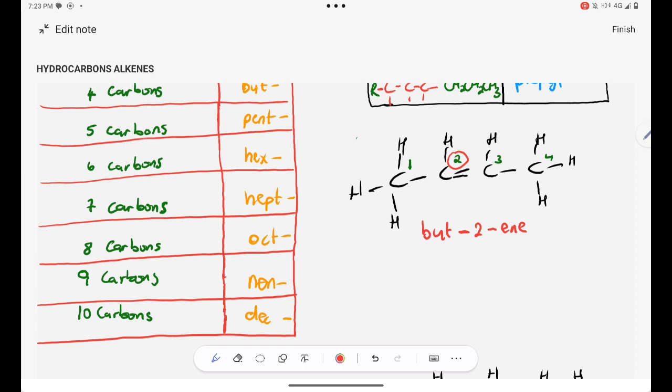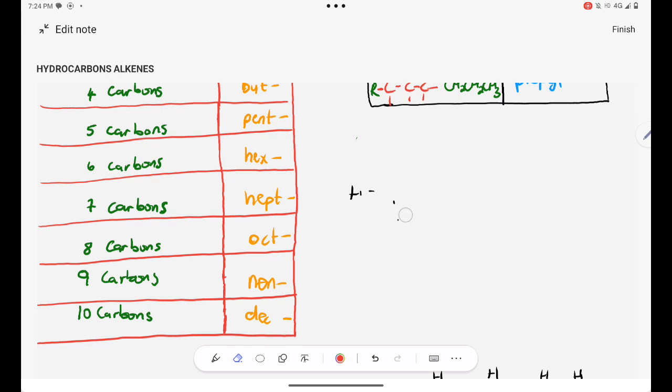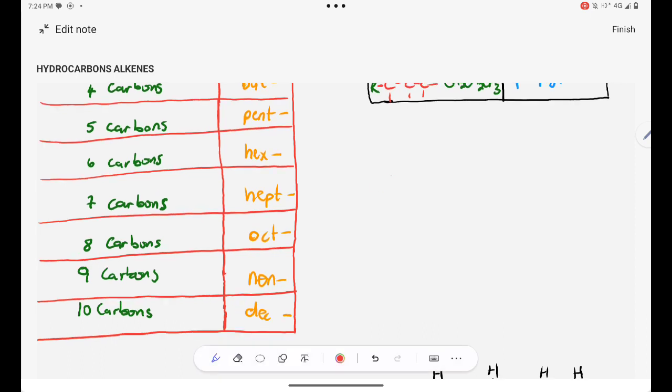Are you together? Whenever we number, guys, if you are dealing with alkenes, the double bond will always take preference. The double bond will forever take preference. So if ever I have something like this, maybe I have a double bond over there, then I have 2 side chains there.